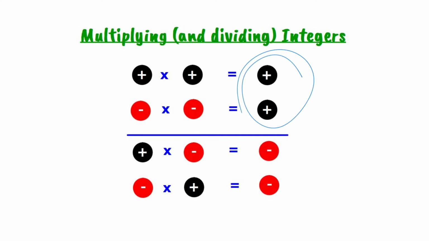If you multiply like things, your answer is positive. If you multiply different things, so that means you take a positive times a negative or a negative times a positive, if they are different, then your sign at the end is going to end up negative.